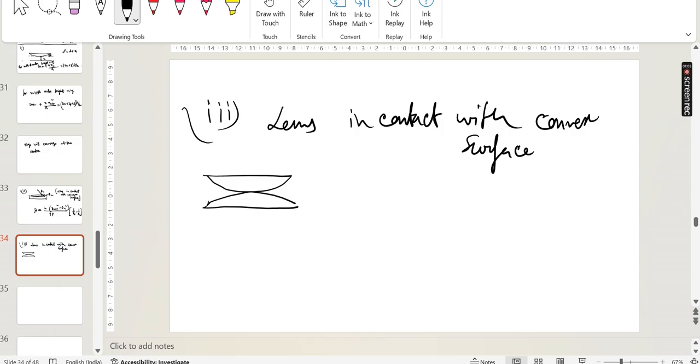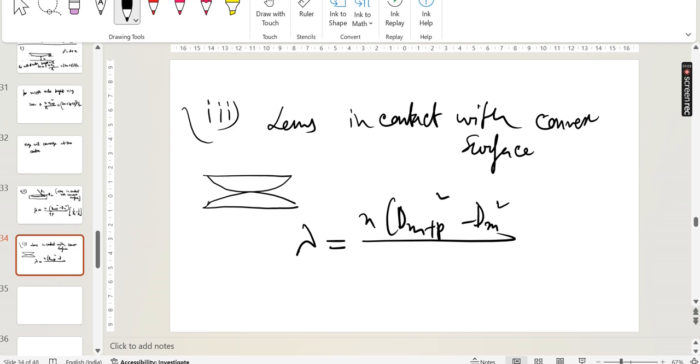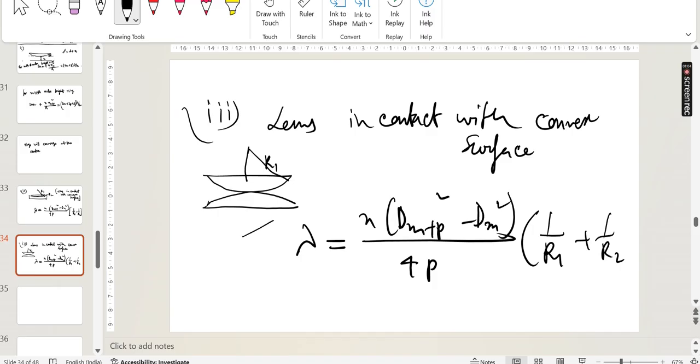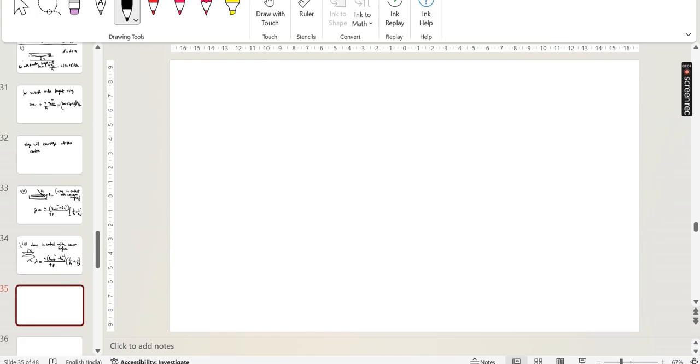So here the lambda is basically n D_(m+p) whole square minus D_m square by 4p, 1 by R1 plus 1 by R2. So this is R1 and this is R2 basically. You can have a look at the details of this calculation in the book by Professor Ghosh.